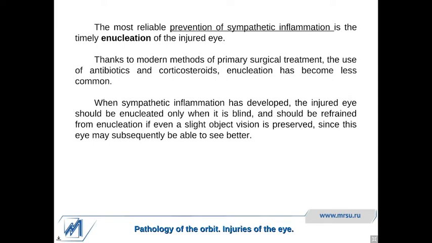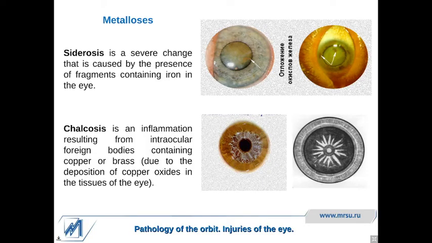Okay, what about more complications? If we have an injury with metal foreign bodies, there can be two variants of metallosis. Siderosis is a severe change that is caused by the presence of fragments containing iron in the eye.